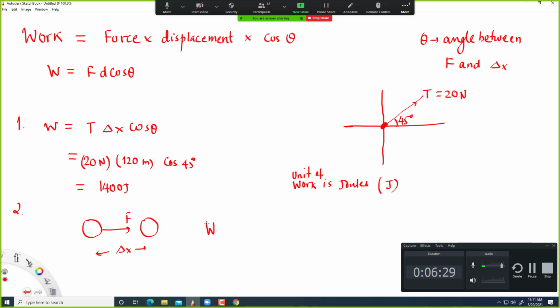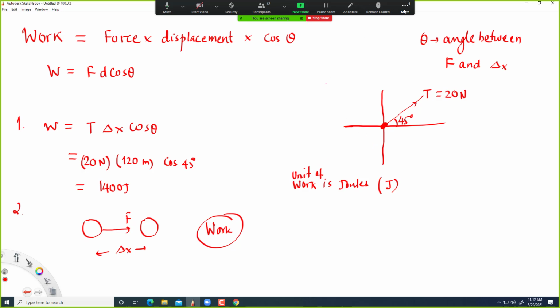That means you are doing some work. So where does this work go? It cannot just disappear. It has to go somewhere. There must be some kind of side effect. That is answered by the work energy theorem. Let's see what that is.